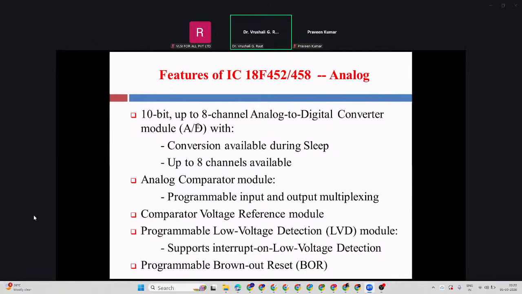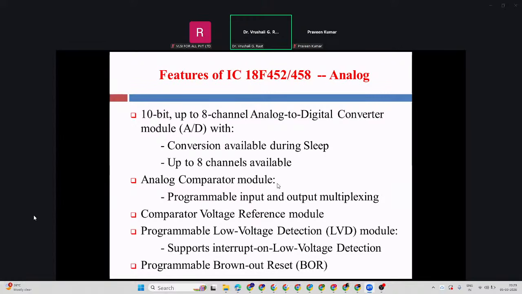This ADC is working. How is this ADC? It is 10-bit and up to 8 channels of analog signal it can handle. Okay, 8 channels available, this is the important thing. And I am saying it is fast. Why? Because it is utilized during the sleep time.